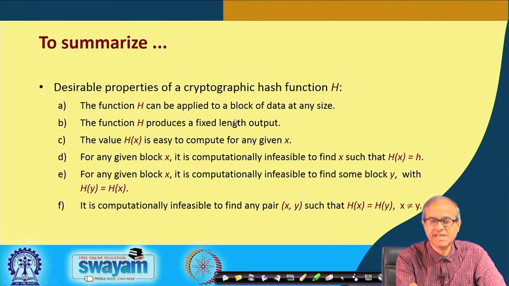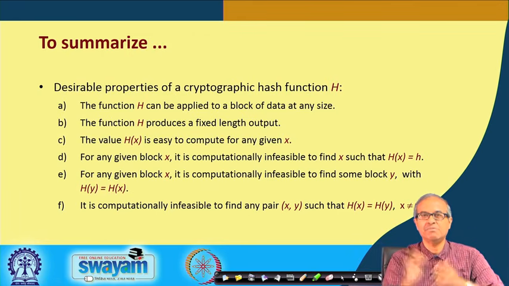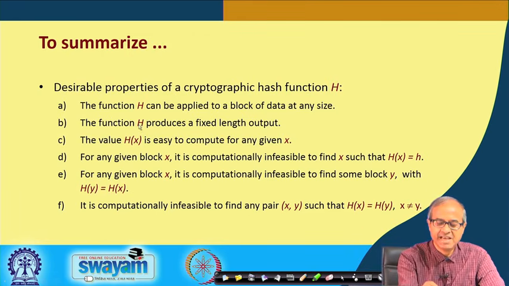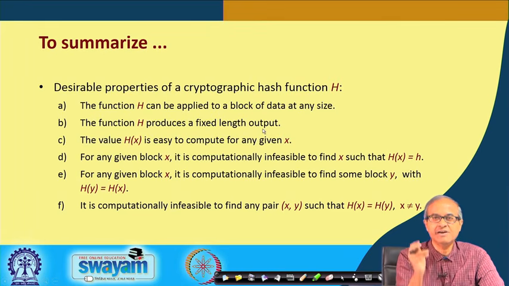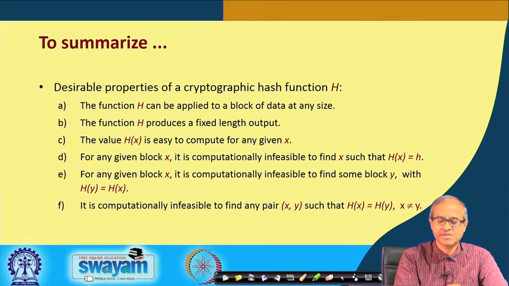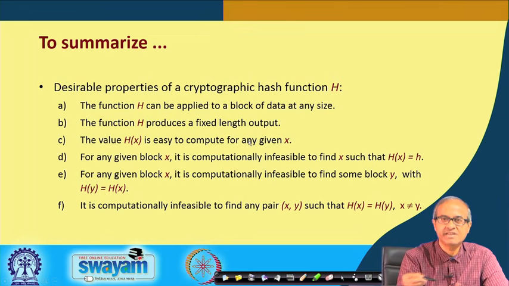Roughly speaking, it should work on a block of data of any size up to some reasonable upper limit, and this hash function typically will produce a fixed-length output as the hash value. And these are the three properties I talked about, C, D and E. The value h(x) is easy to compute for any given x. This is in terms of computation; it should not be too computationally intensive.